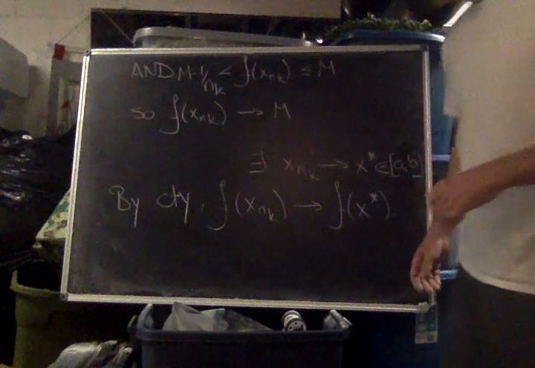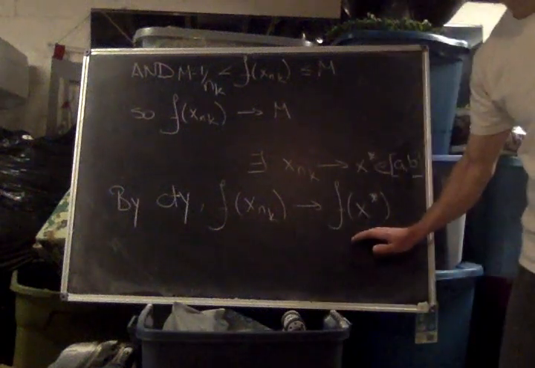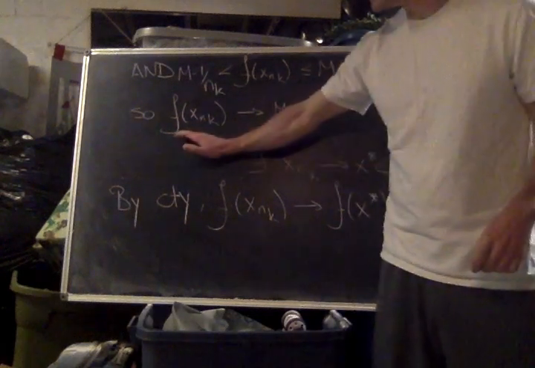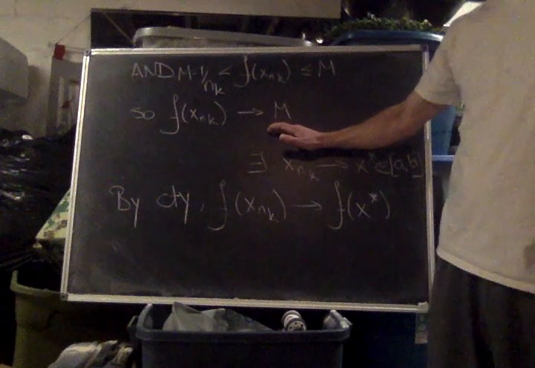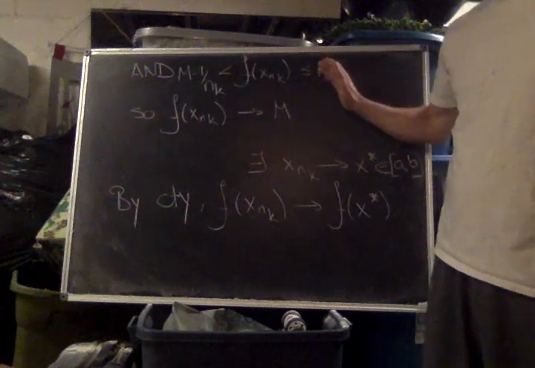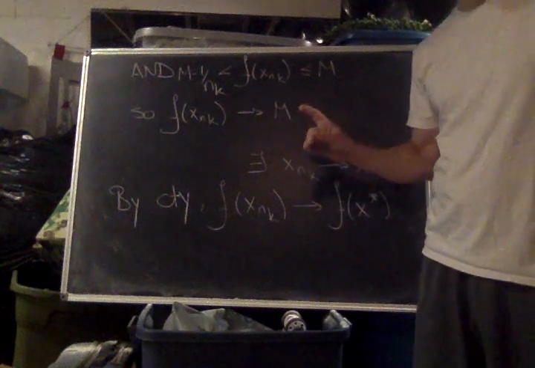Okay? So we've got that f at x sub n_k converges to f at x upper star by continuity. We've also got that f at x sub n_k converges to m, the supremum of the function values, using the Squeeze Theorem. And a convergent sequence can have at most one limit.